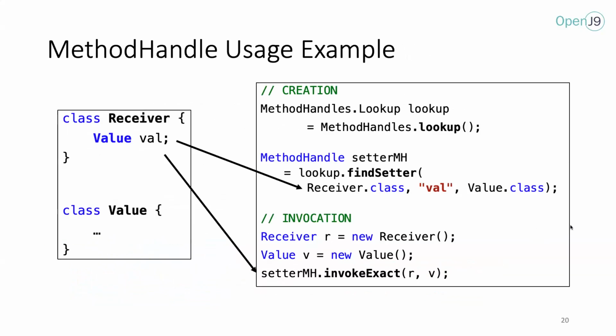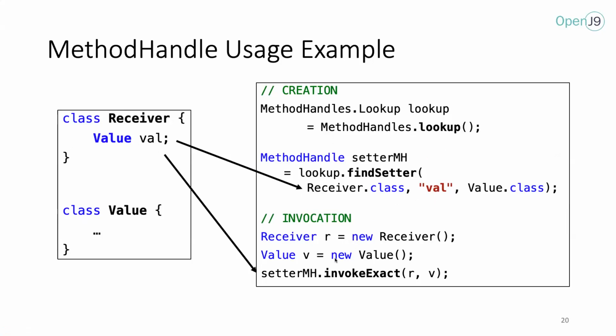So here's how you would use a MethodHandle as an end user. First, in the creation step, we get a lookup that we can use to find a setter for the val field of class Receiver, and then we create a new instance of Receiver, and then a new instance of Value.